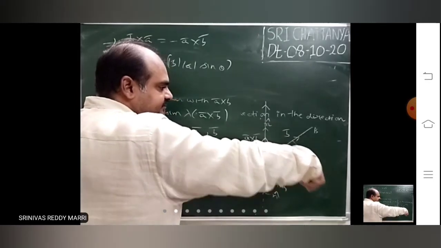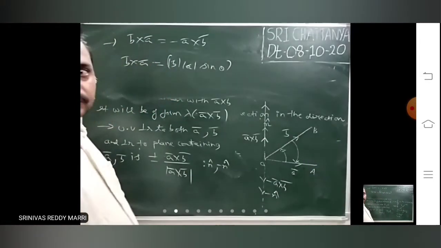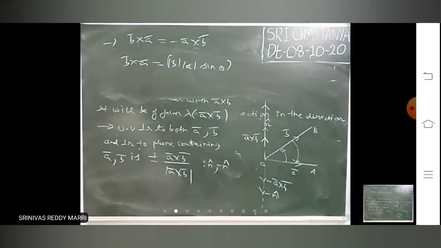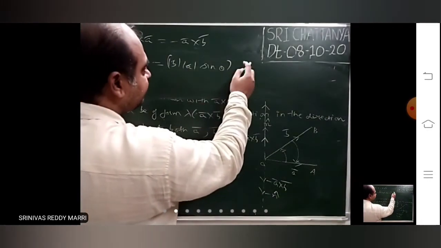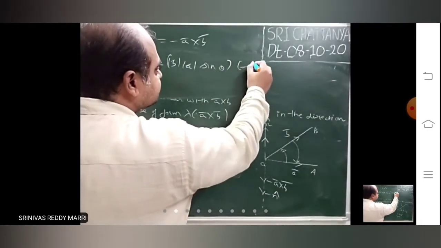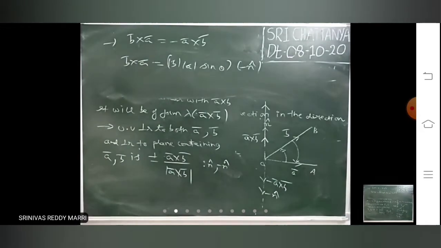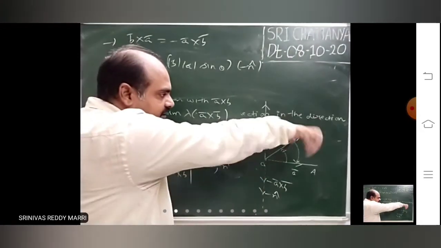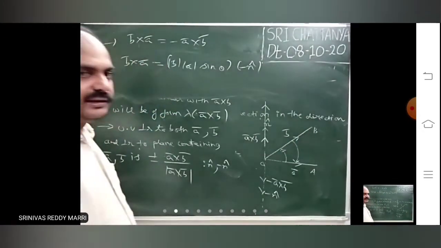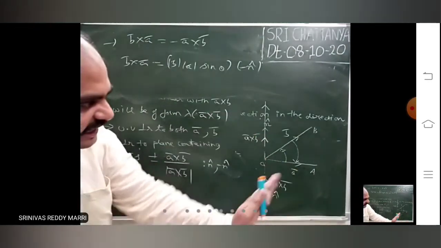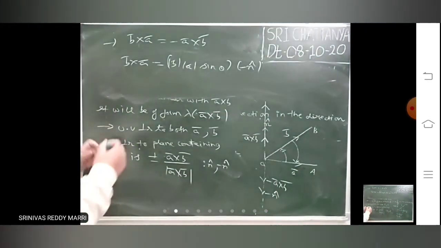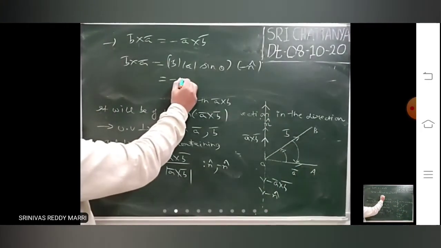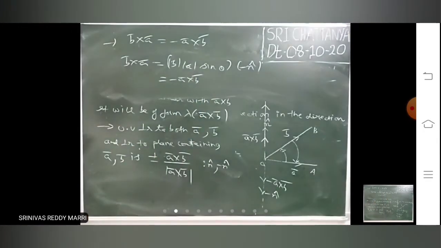If I am rotating like this, where will the thumb go? Inward. That means that direction is minus n cap. In which way does the screw go inward? If this is n cap, that is minus n cap. This is nothing but minus A bar cross B bar.